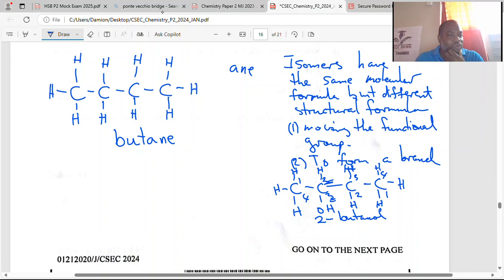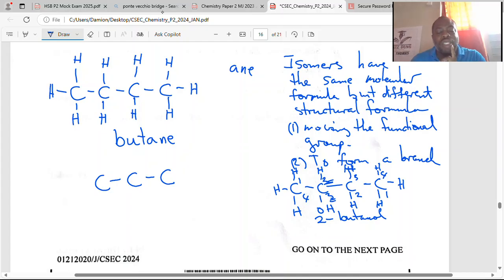So we move around that carbon that we took off. In essence, if I'm asked to form isomers of this, the first thing I want you to do is make the longest chain one carbon shorter.